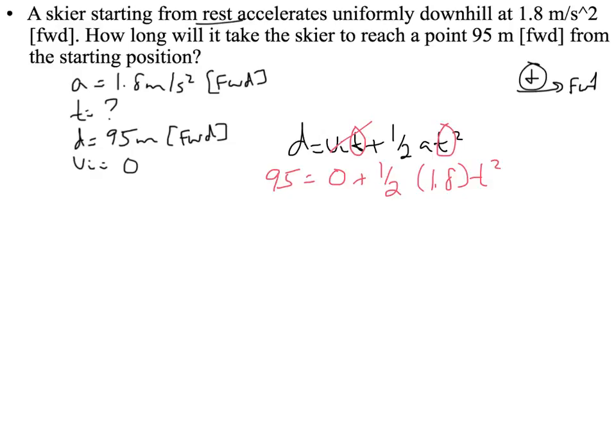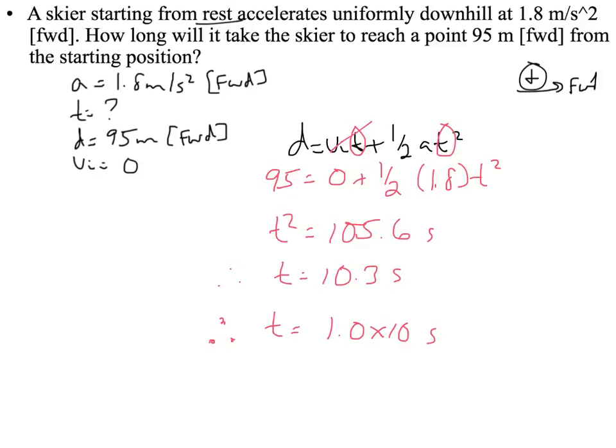We do some rearranging. We get T squared equals 105.6 seconds squared. Therefore, T equals 10.3 seconds. We need 2 sig digs, so our final answer is time equals 1.0 times 10 to the 1 seconds.